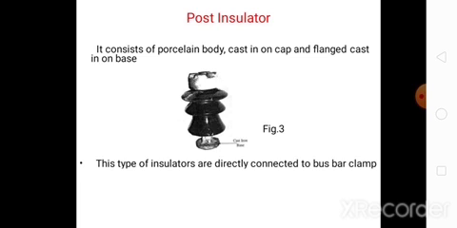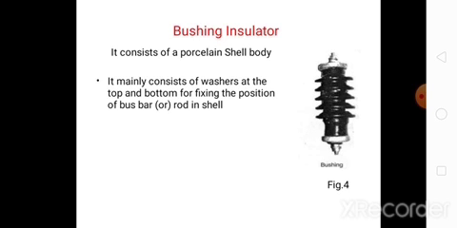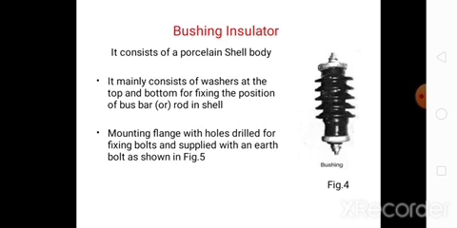This type of insulator is directly connected to the bus bar clamp. And bushing insulators. It consists of a porcelain shell body. It mainly consists of washers at the top and bottom for fixing the position of bus bars or rod, and shell, a mounting flange with holes drilled for fixing bolts, and is supplied with earth bolts.